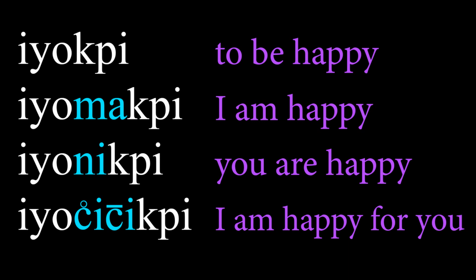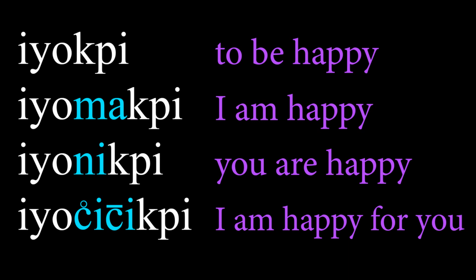Very good. And again, here's another example of one Lakota word being an entire sentence. The sentence, I am happy for you. Five words in English, and in Lakota, one word. Iyochichikpi. Very good. So, this is just an introduction to this system.